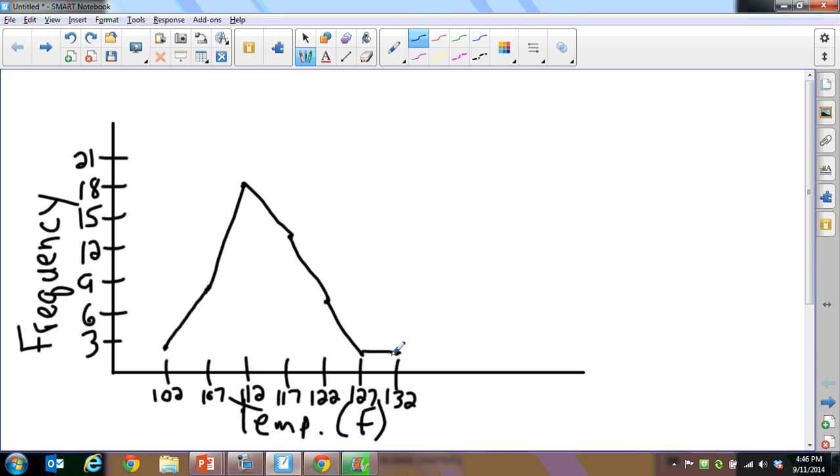Now the difference is how many of them were before 102. We always want to connect it to our horizontal. So right after our ending, we want it to go down to the horizontal axis and touch it. Okay, so that is a frequency polygon.